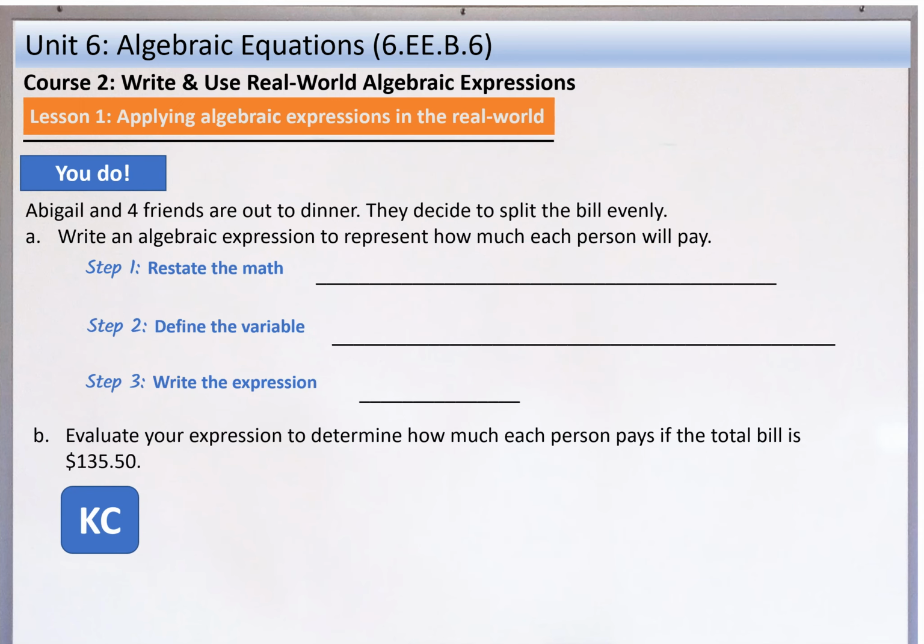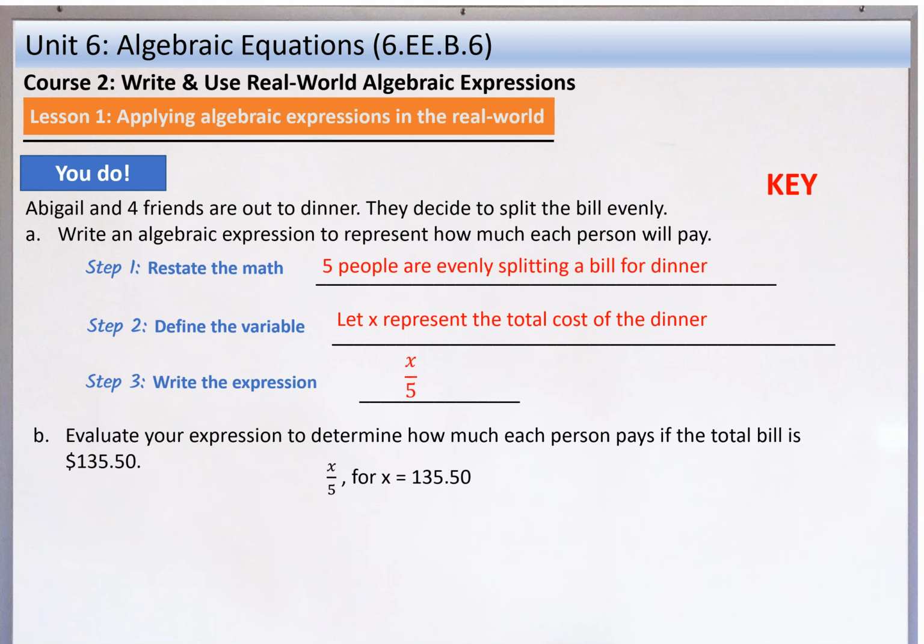The next one, this one for me. Abigail and 4 friends are out to dinner. They decide to split the bill evenly. Write an algebraic expression to represent how much each person will pay, and then evaluate that expression. Okay, so it's 5 people, because Abigail and 4 friends, evenly splitting the bill.